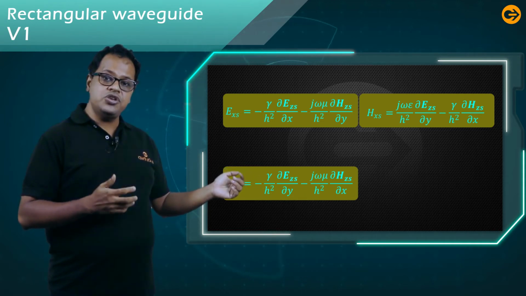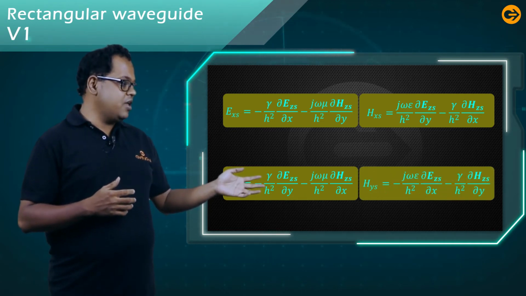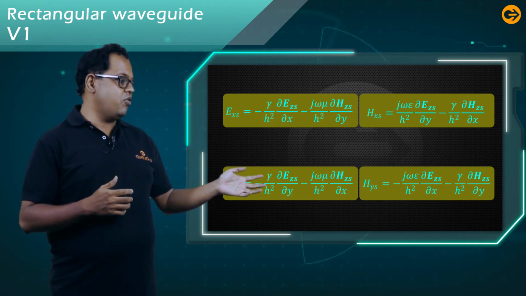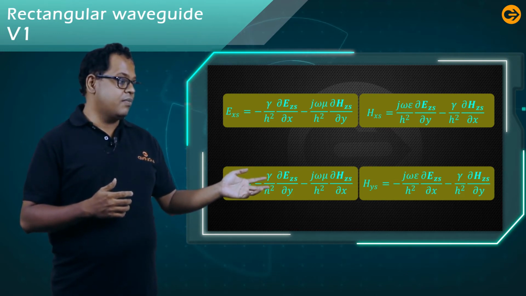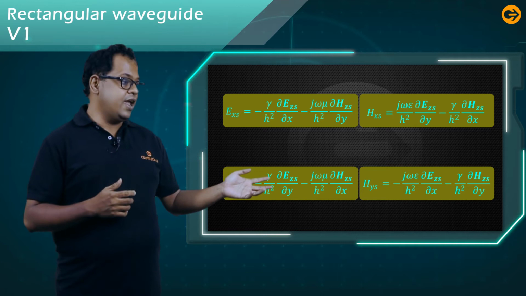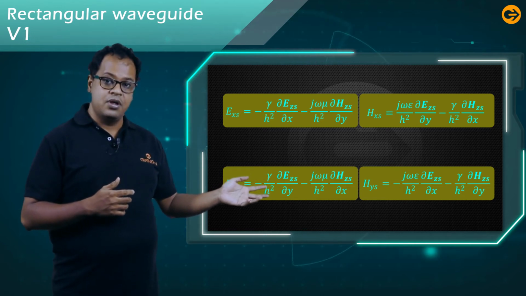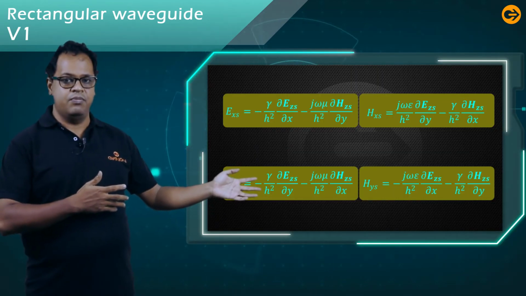And what is H of Ys? H of Ys is equal to minus j omega epsilon by h square del Ezs by del x minus gamma by h square del Hzs by del y. Now can you tell me what this gamma is? No? Okay, let us check the board.